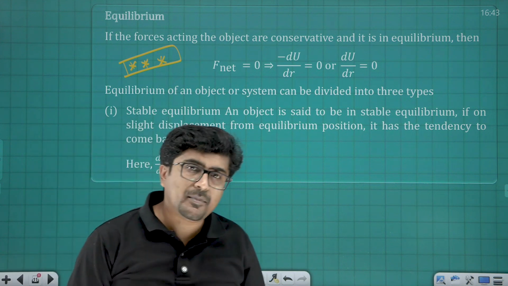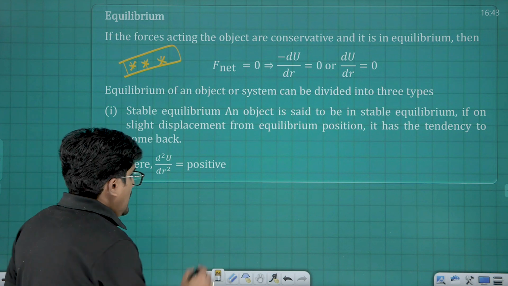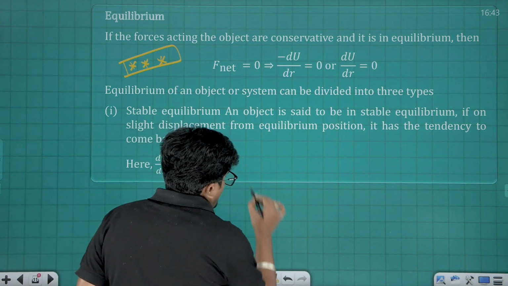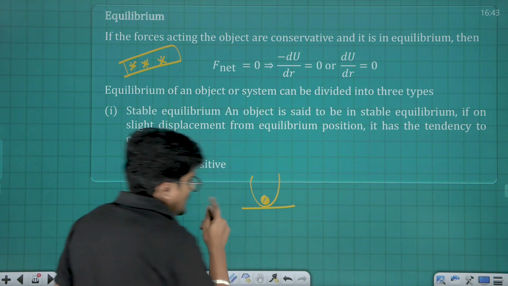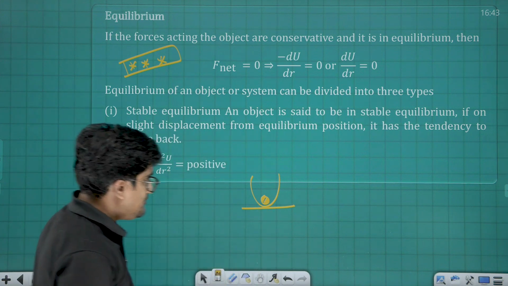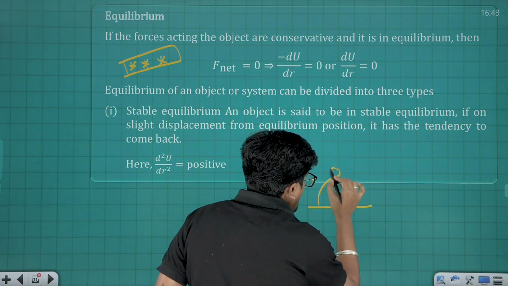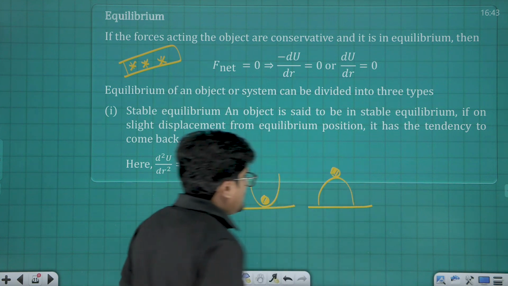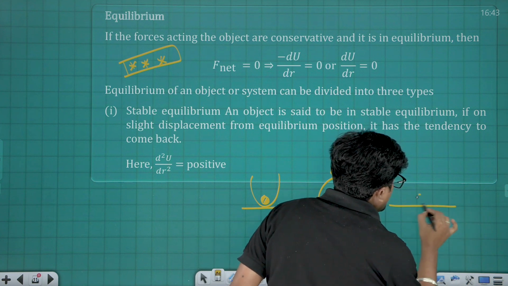I repeat, stable, unstable and neutral equilibrium. For stable equilibrium, the best example I can consider is a ball and a mass kept like this. Unstable equilibrium, the same horizontal surface but the ball is kept inverted and the mass is kept on the top. And neutral equilibrium is here.